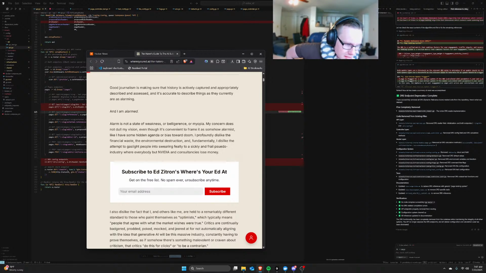My concern does not dull my vision, even though it's convenient to frame it as somehow alarmist, like I have some hidden agenda or bias towards doom. I profoundly dislike financial waste, the environmental destruction, and fundamentally I dislike the attempt to gaslight people into swearing fealty to a sick and frail pseudo industry where everybody but NVIDIA and consultancies lose money.